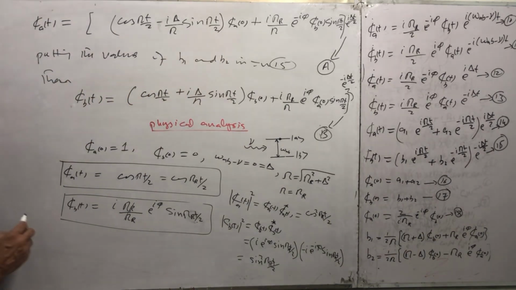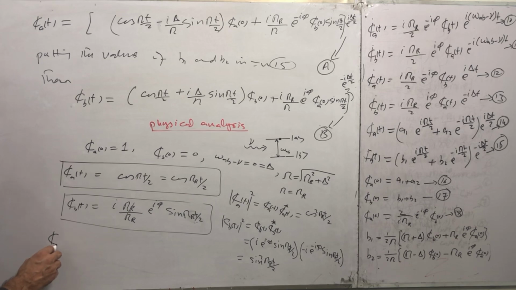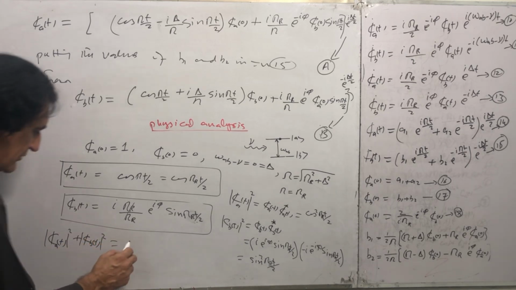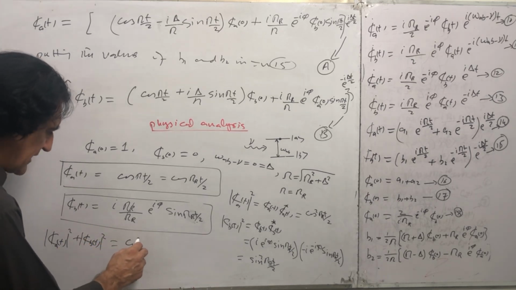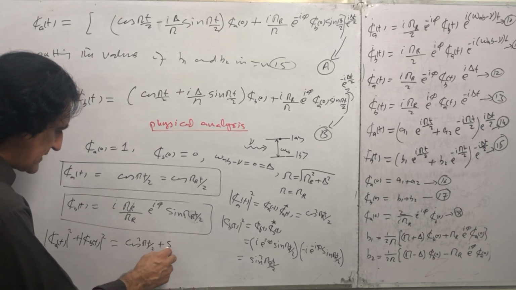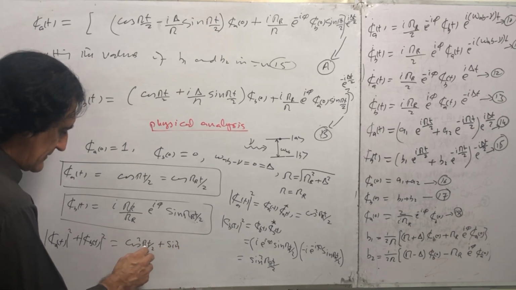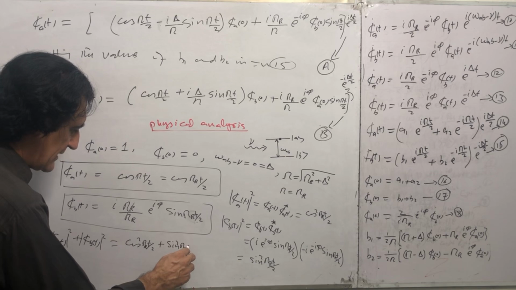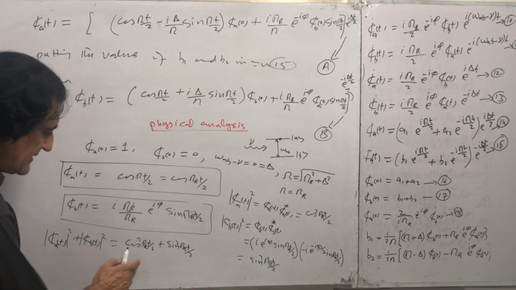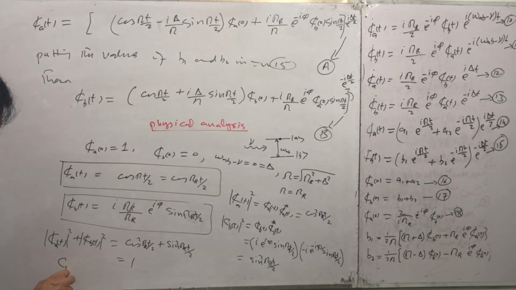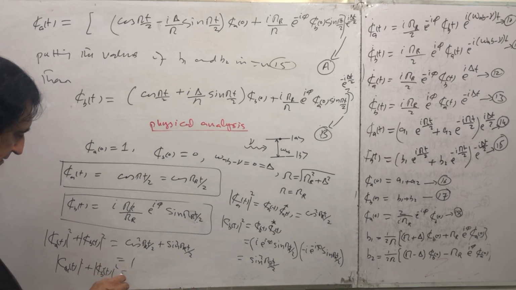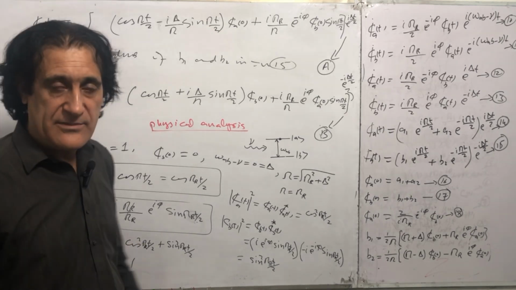Now the total probability will be equal to Ca of t absolute square plus Cb of t absolute square, which is equal to cosine square omega r t divided by 2 plus sine square omega r t divided by 2, and this is equal to 1. So it means that the total probability of this system will be equal to 1, and it is a reasonable point.